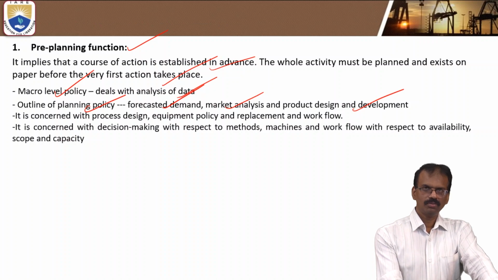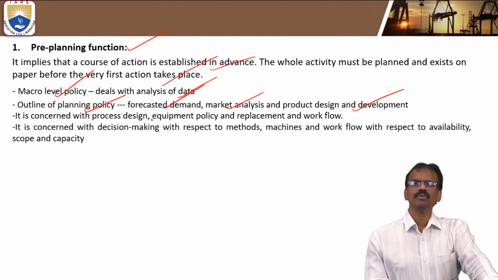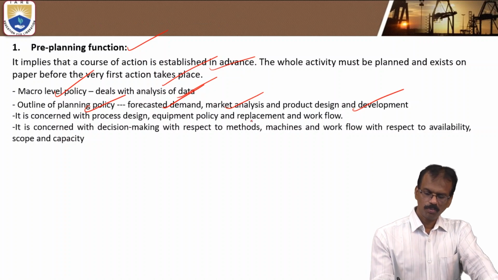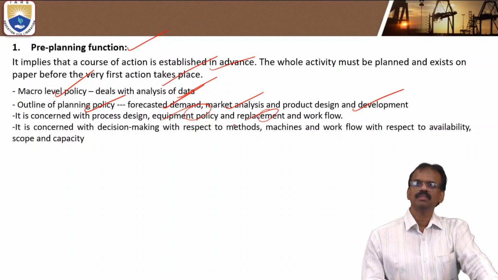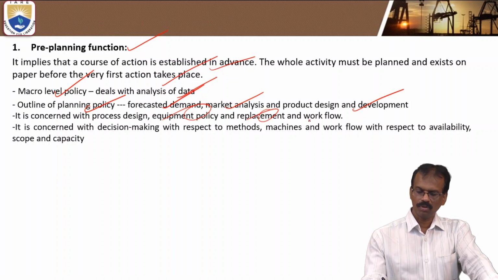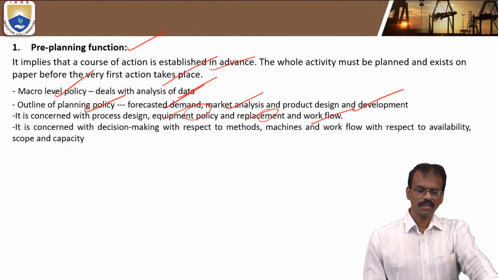Next it is concerned with the process design, the equipment policy: what type of equipment is required, is any replacement needed, we have to check, and the workflow. All these things will be planned here.